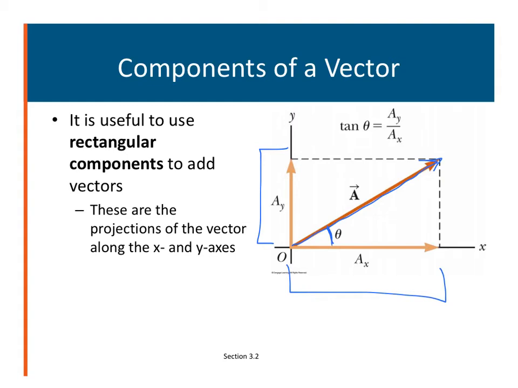These relate using one of our trig functions: tangent of theta equals the y component over the x component, because we can take this y component and move it over to this side and form a right triangle. From that, all of our trig relationships come into play. We just consider these components to be the projections of the vector on the x and y axes.